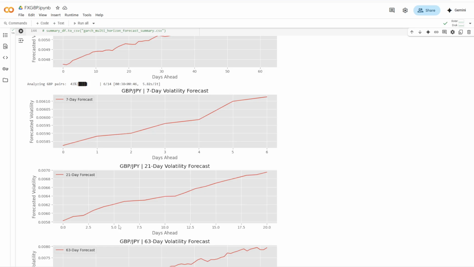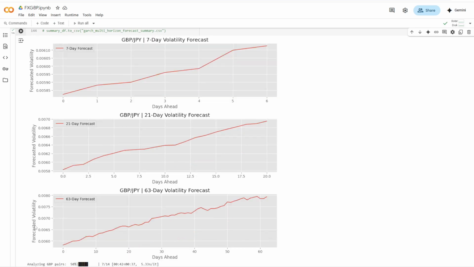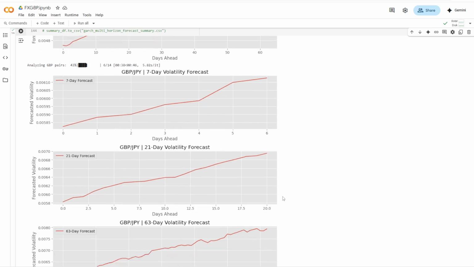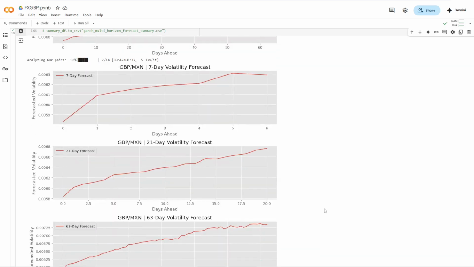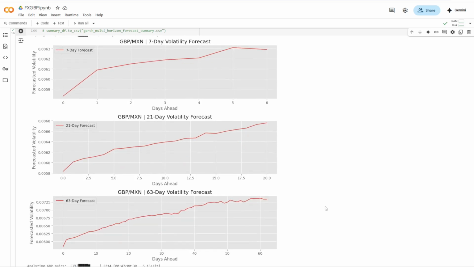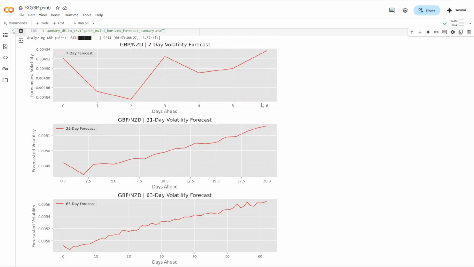Okay, here, pound yen somewhat higher, 0.6 up to 0.8% in 63 days forecast vol, so you could expect some higher vol. By no means is it sure there will be higher vol. And NOK is a no.